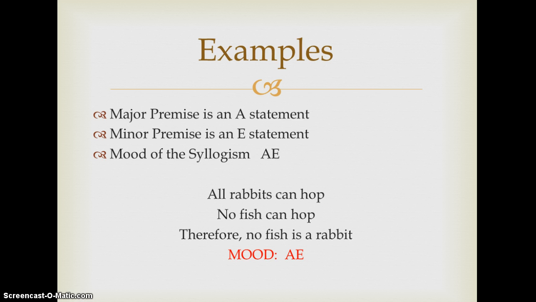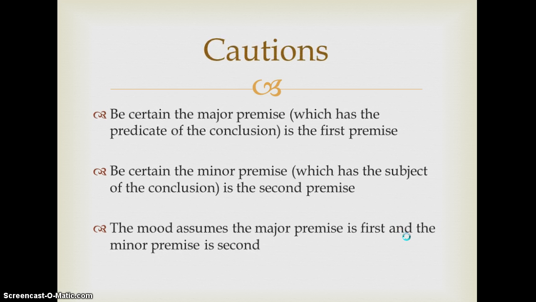Now, the textbook will, as we combine the various moods along with the figures that we studied in Chapter 1, oh, sorry, I need to go back. We had a few cautions we wanted to talk about. We talked in Book 1 that sometimes the major premise is the second proposition in a syllogism, and the minor premise is sometimes the first proposition.